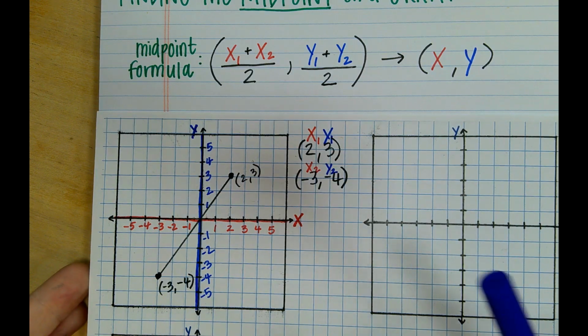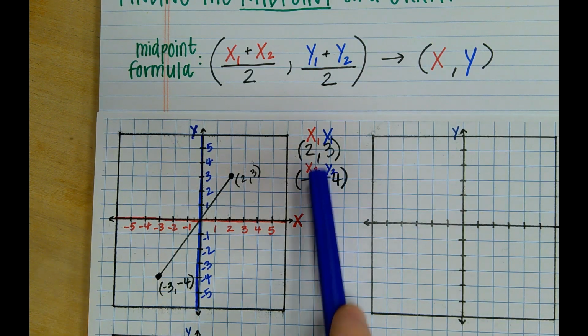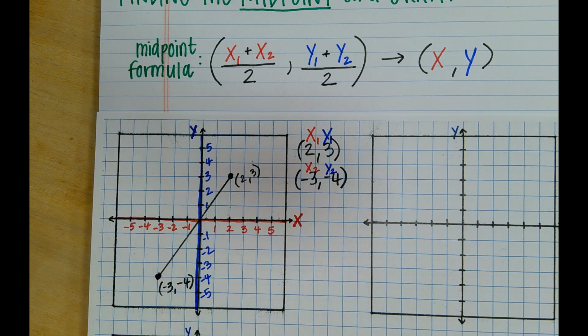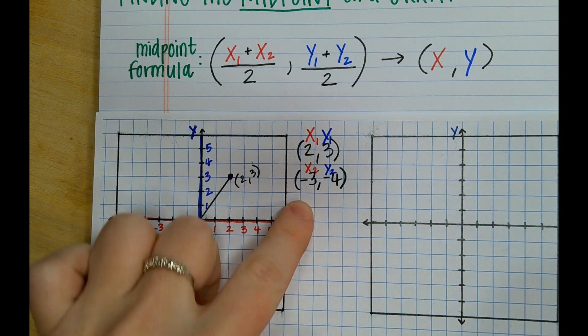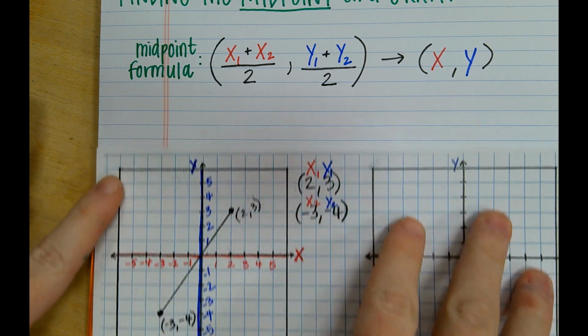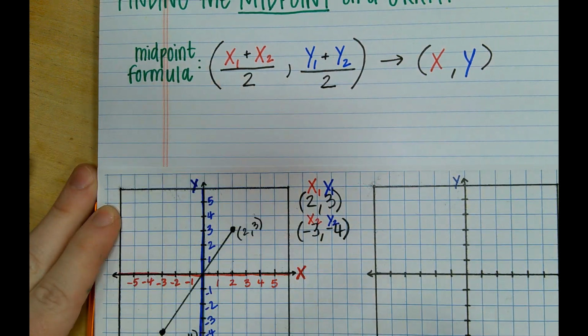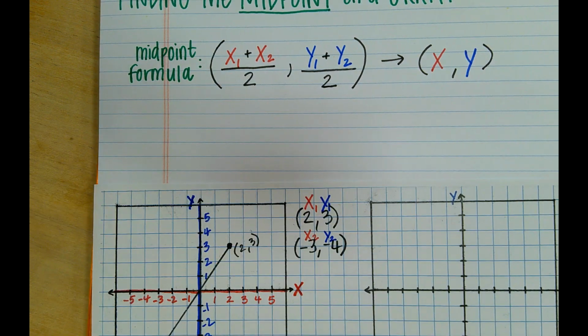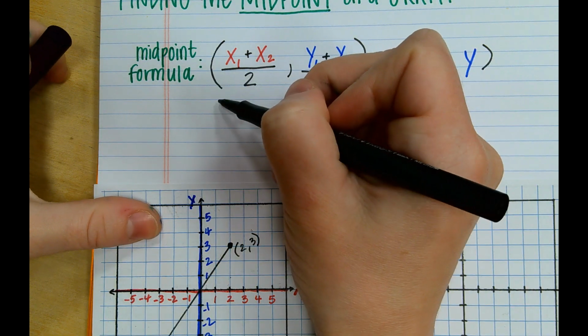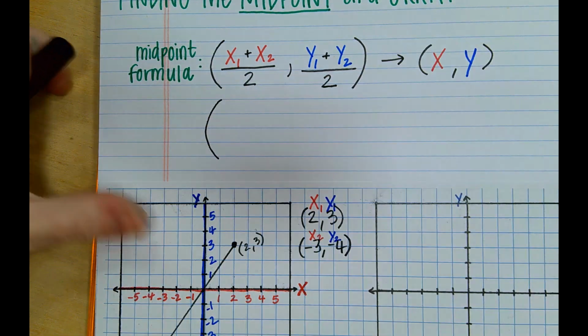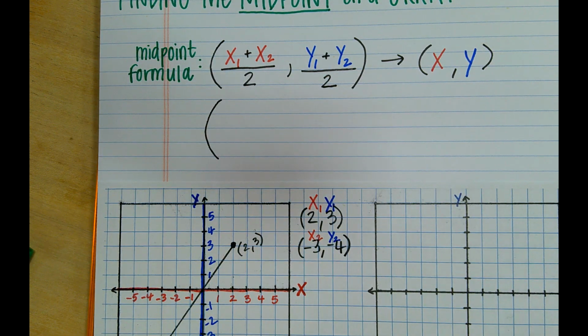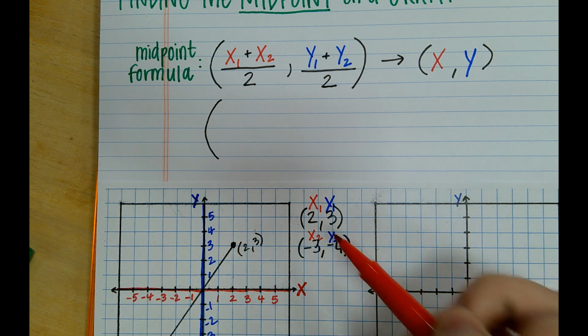Everybody with me so far? So I'm just labeling my x's and my y's in those original coordinates I gave you. Okay? So now let's use these in this formula. So I'm gonna draw my big parentheses. And what's my value for x1? 2. 2, perfect.